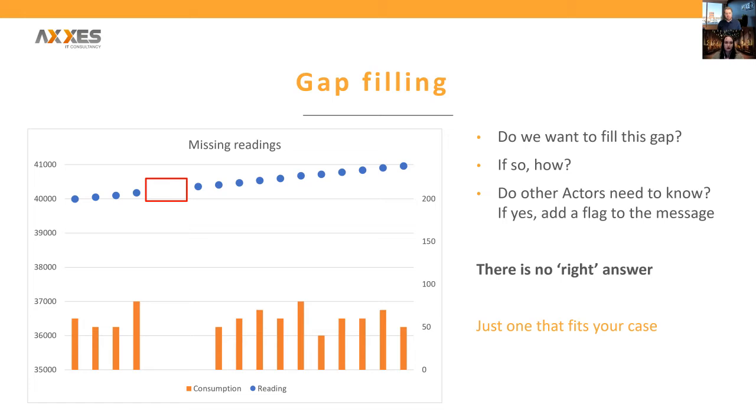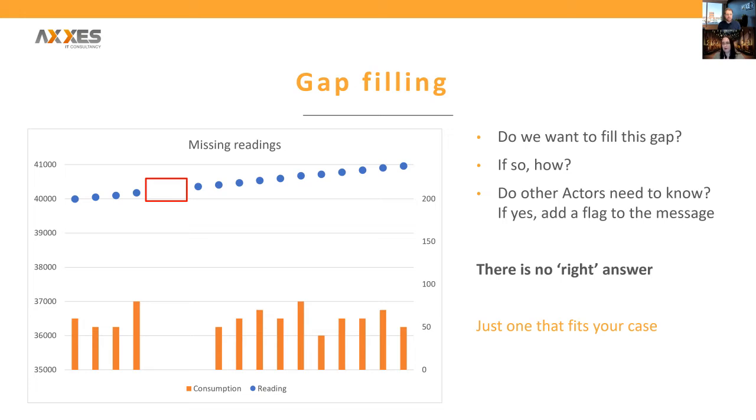And maybe if you fill this, you may want to notify all the downstream processes that this data has been gap filled, because it might be very tricky to raise alerts on gap filled data, because raising an alert on a gap filled bucket is always a risky thing because your number might still be off.